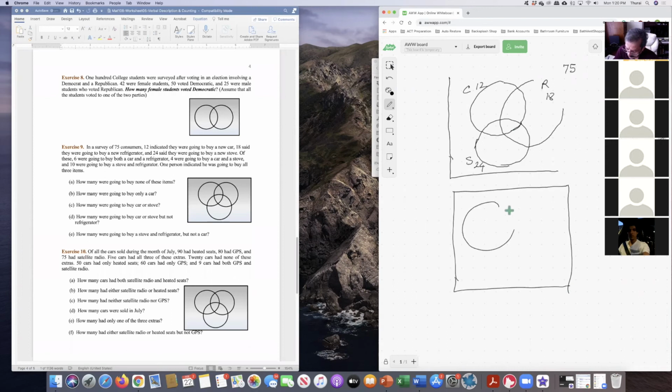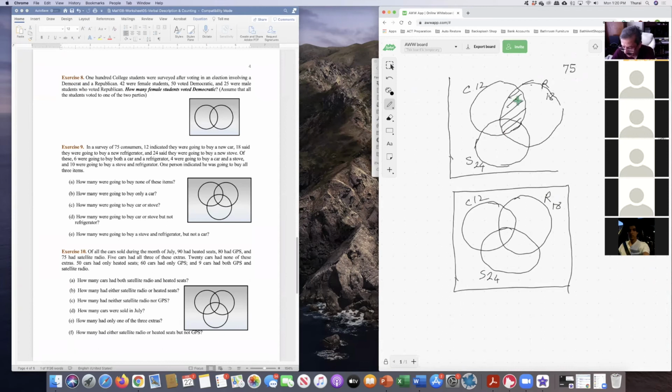The C has 12 and R has 18. S has 24. And then it says 6 people will buy car and refrigerator. So that's the area common to car and refrigerator. That's all of this, not just this part.